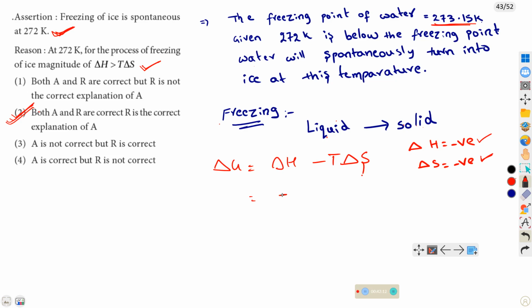Delta H value is negative. Temperature is 272 kelvins, low temperature. That means T delta S value is very small because the temperature is low. Based on that, delta H is greater than T delta S.